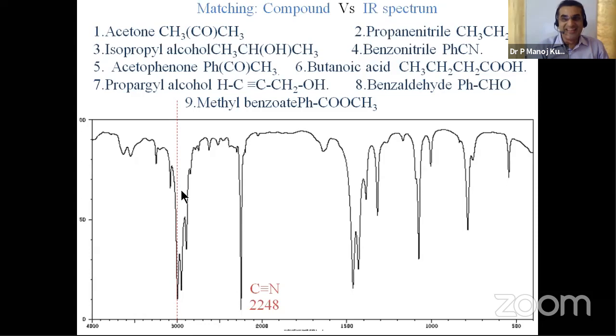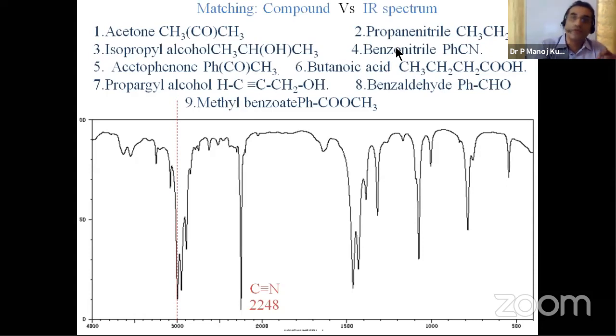Okay, she mentioned number 2, then we didn't focus on it. Because the entire session is about solving problems in vibrational spectroscopy, that is what I would like to specifically focus on. So you have a doubt whether it is benzonitrile.